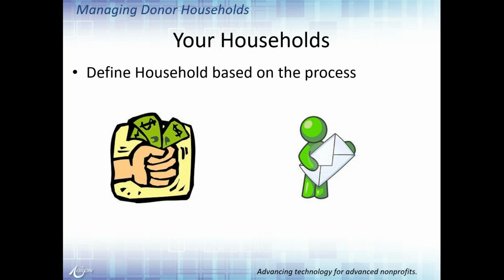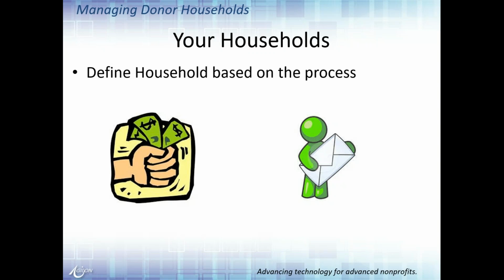That definition of household that we might use around sending something out, or reducing mail pieces or reducing emails by household, is a little different than when we do households for determining a contribution.